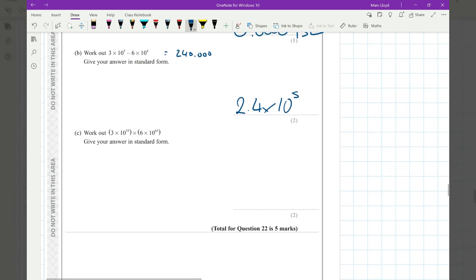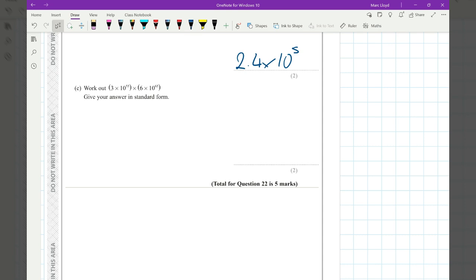Okay, this next one, I think they ask us these because it gives a calculator error if you put it into your calculator. Let me check. Yeah, syntax error, and it's a bit of a pain. It's a big number. I don't know why the calculators can't cope with it. 3 times 6 is 18. 10 to the 55 times 10 to the 65 equals 10 to the 55 plus 65. 55 plus 65 is 120.